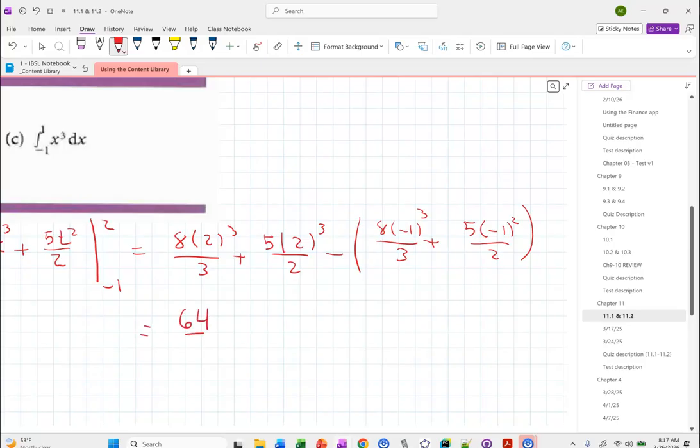Okay, so I got 64 over 3 plus, oops, that's supposed to be a squared, plus 10 minus 8/3, oops, plus 8/3, minus a negative, and then minus 5 over 2.